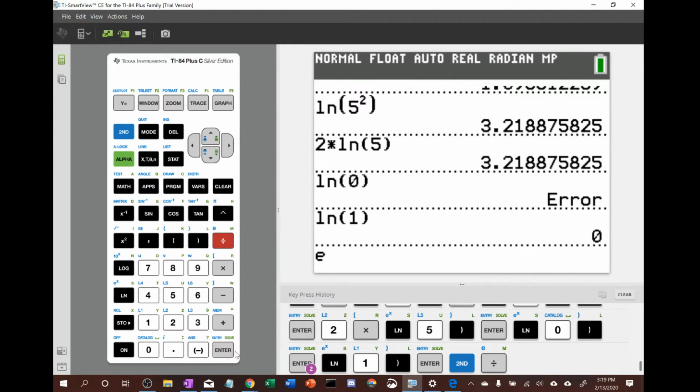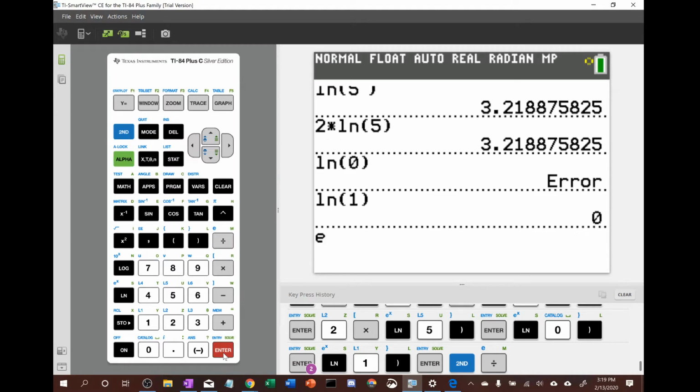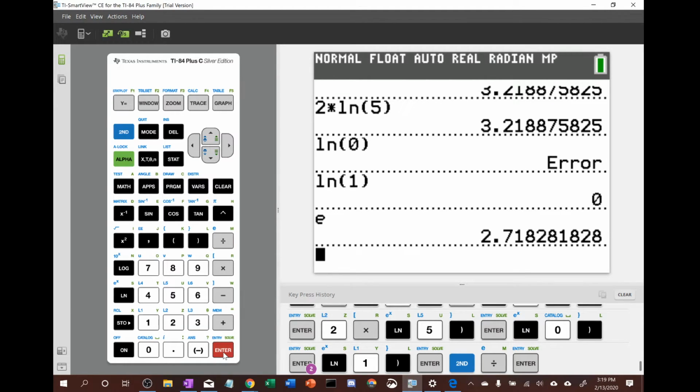If you just type E all by itself and hit enter, it's going to give you the approximate value of this number. This is a very special number. In fact, that's why they put it on the calculator. It is equally as special as pi. If you can remember 2.71, it's going to help you in your life.